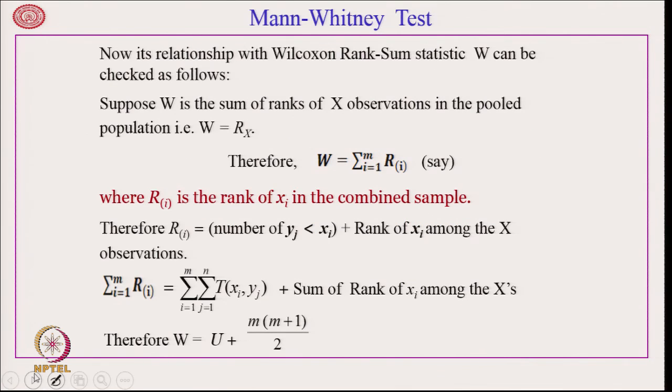Now, the question comes, what is the relationship between the Wilcoxon rank sum statistic W and the Mann-Whitney U statistic? Suppose W is the sum of ranks of x observations in the pooled population. Therefore, W is equal to R_x, the sum of ranks of the x observations.